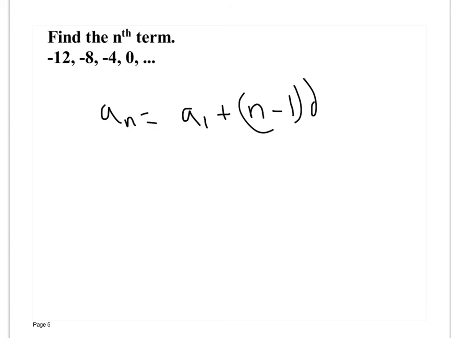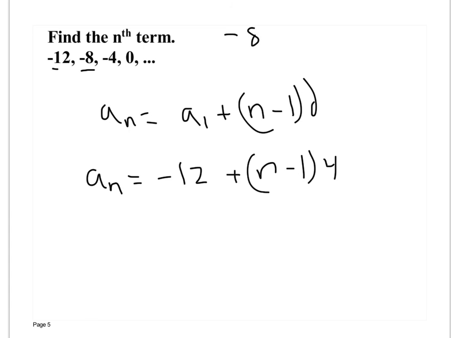What's my A1 here? -12, that's our starting number. And we add that to N minus 1 times D. What's my D? It is 4. If you're not sure, take the second number minus the first number. What's -8 minus -12?